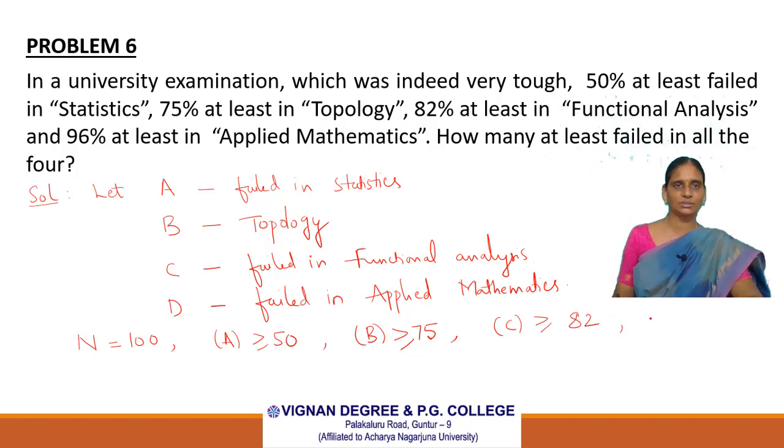And 96% at least failed in applied mathematics, so frequency of D is greater than or equal to 96.